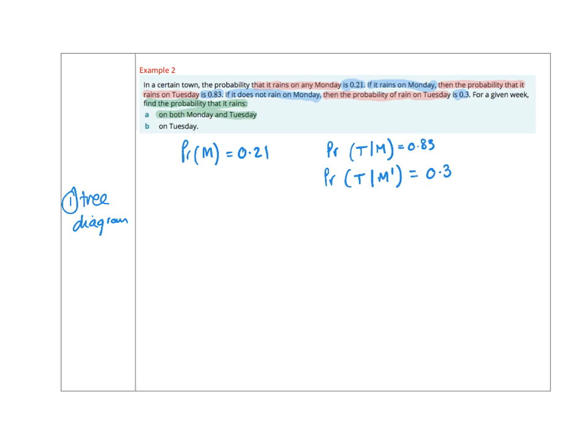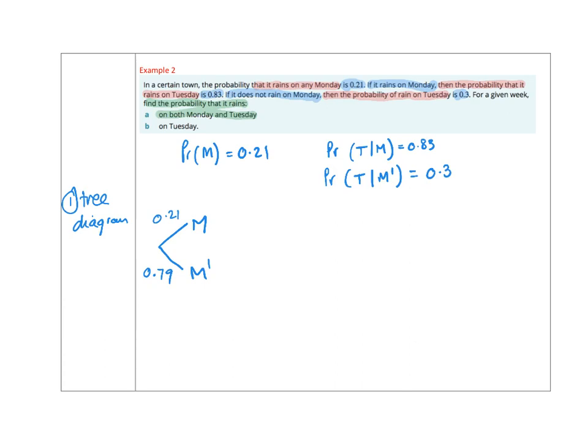So if we started with rain on Monday or no rain on Monday, we know the probability from above is 0.21, which means that the probability of it not raining on Monday must be 0.79. On Monday it will either rain or it won't, so the total probability has to be 1.